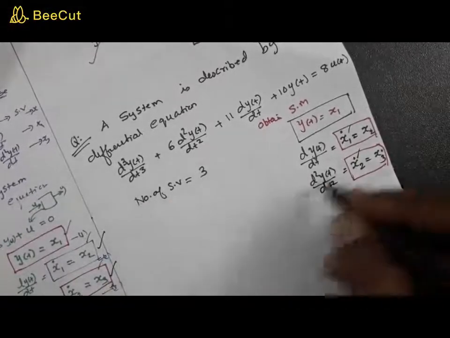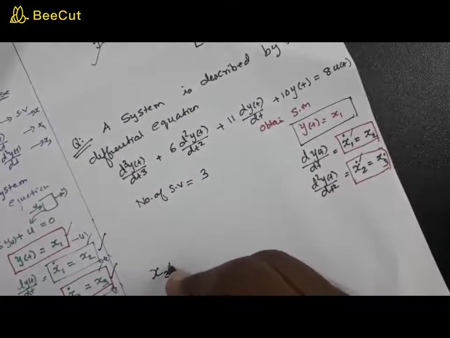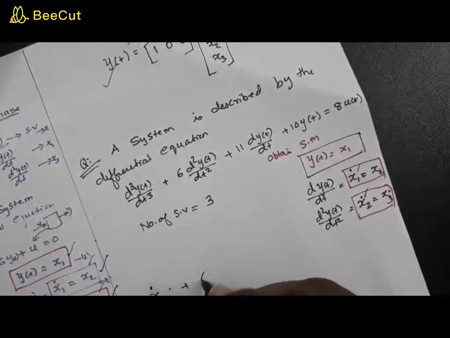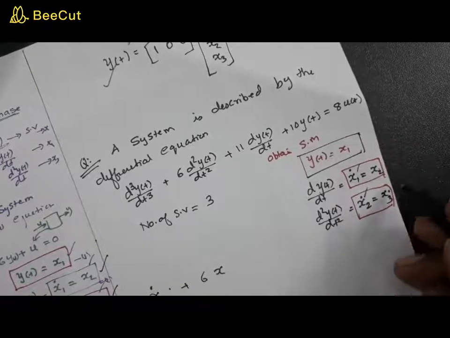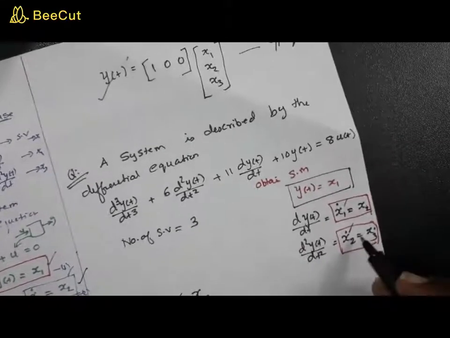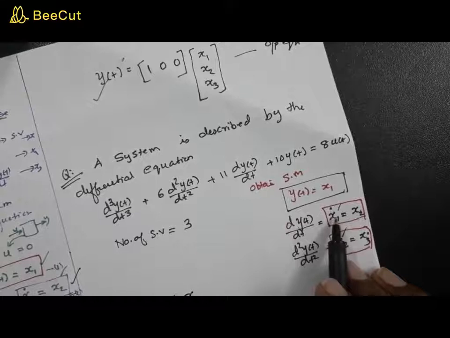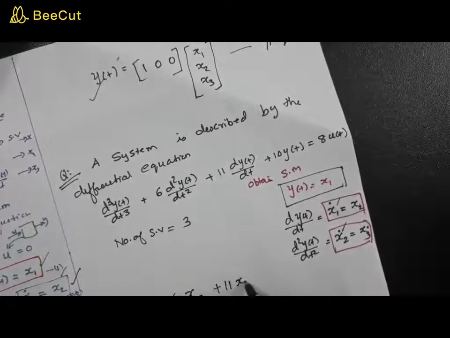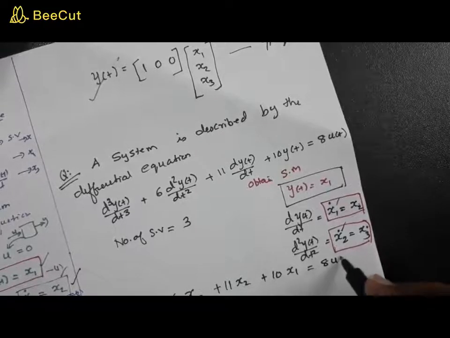Substituting all these variables here, d cube y of t by dt cube can be written as x3 dot, plus 6 into x3, since d square y by dt square is x2 dot, which is x3, plus 11 into dy of t by dt, which is x1 dot, or 11 times x2, plus 10 times x1, is equal to 8 times u of t.